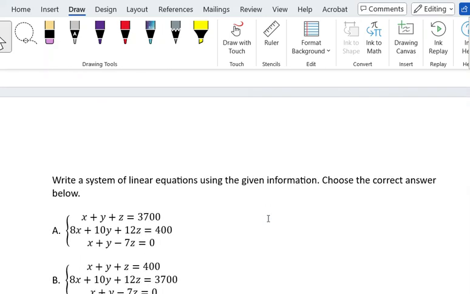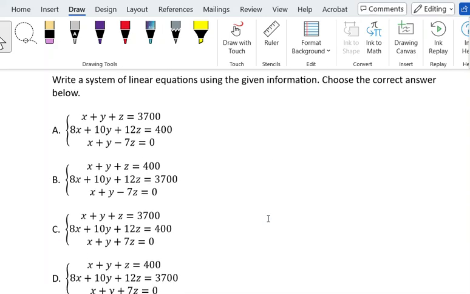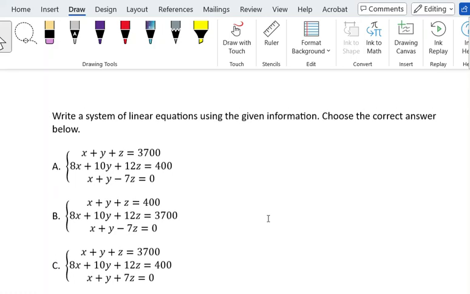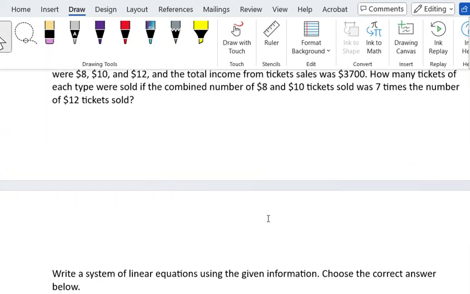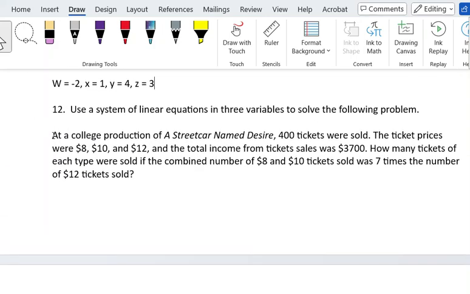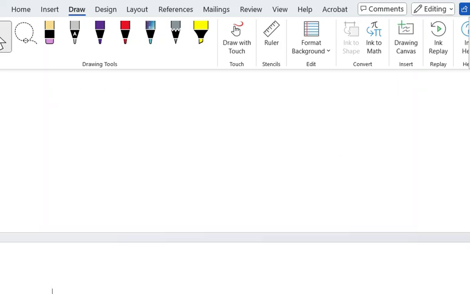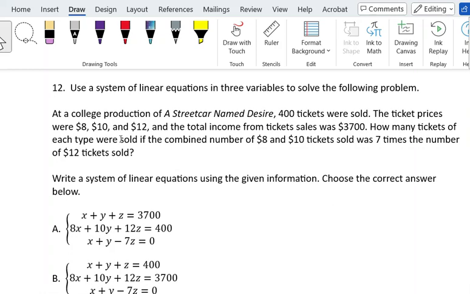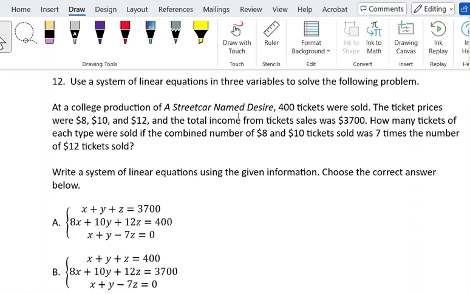So we're going to start by selecting the correct system of equations using the given information. So looking at this, I have the total number of tickets is 400. So X, Y, and Z are going to be my different types of tickets.